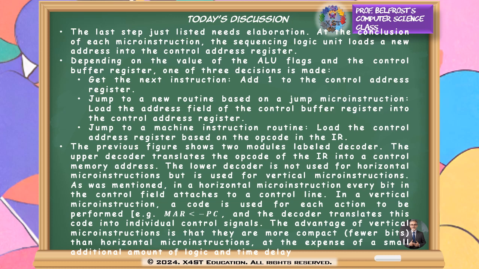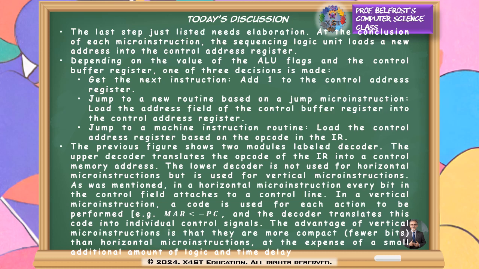The previous figure shows two module-level decoders. You can see the upper decoder translates the opcode of the IR into a control memory address, whereas the lower decoder is not used for horizontal microinstruction, but it will be used in vertical microinstruction. In horizontal microinstruction, every bit in the control field is attached to a control line, while in vertical microinstruction, a code is used for each action to be performed.